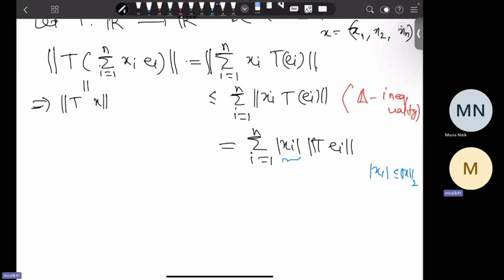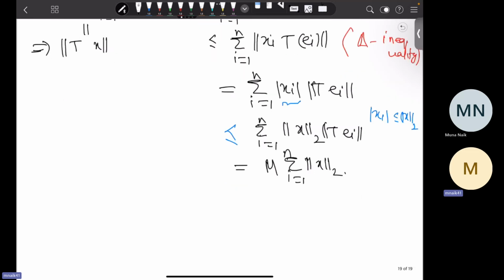So this is less than or equal to the summation of i equal to 1 to n of norm of x2 times norm of T ei, which is equal to m into norm of x2. What is m? m is norm of T e1 plus norm of T e2 plus ... plus norm of T en.